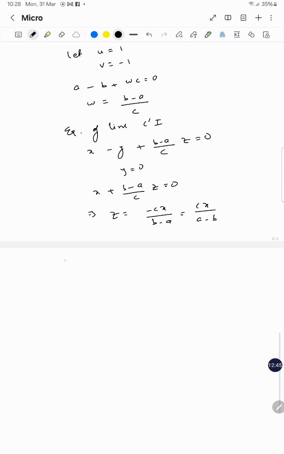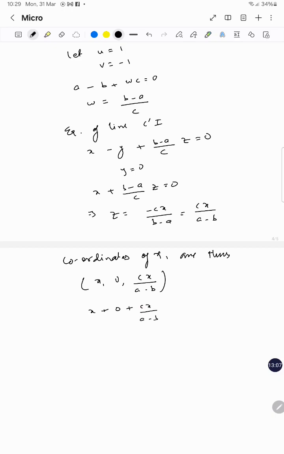So these are the coordinates of Y1, x, 0, cx upon a minus b, and because the sum of these coordinates is 1, x plus 0 plus cx upon a minus b is equal to 1.